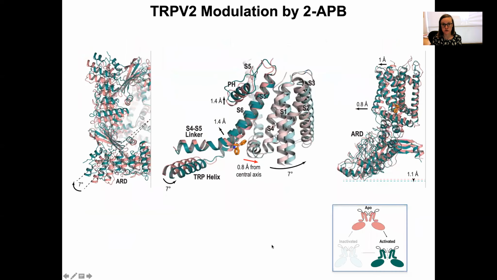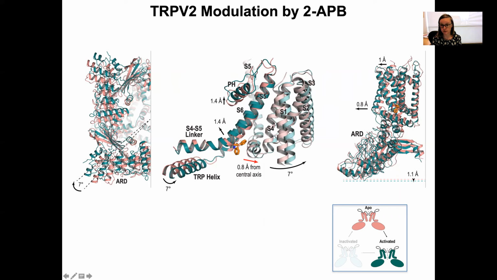So now, what conformational changes does the channel undergo when it is bound to 2-APB and opens? There is a large rotation of the anchoring repeats, almost 7 degrees counterclockwise, and 2-APB, by wedging into that pocket, moves the S4, S1 bundle helix away from the center axis of the pore, again almost 7 degrees, and also pushes the S4, S5 linker up together with the S6 and pore helix, widening the pore.